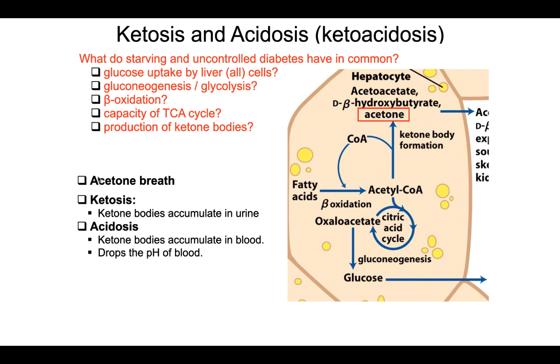In addition, these ketone bodies will accumulate in the urine. That's called ketosis. And the ketone bodies accumulate in the blood. That decreases the pH of the blood. That's called acidosis. And this could be potentially fatal.